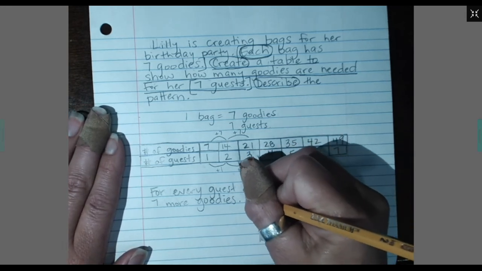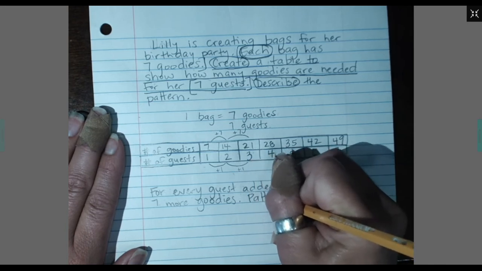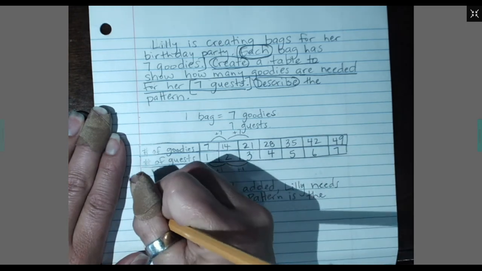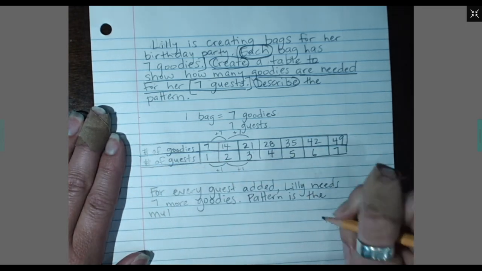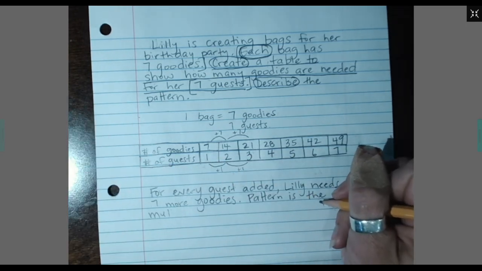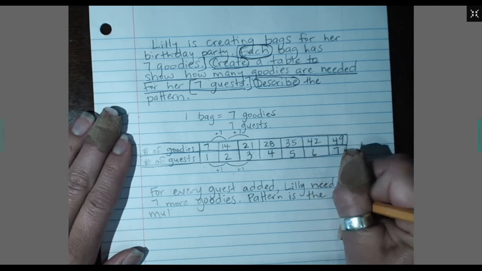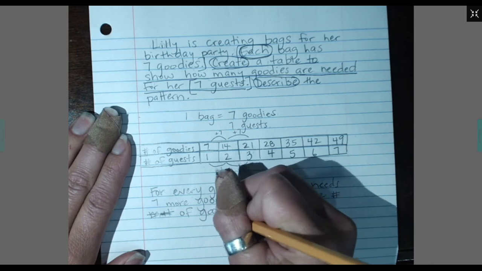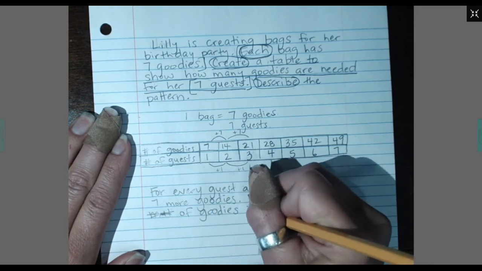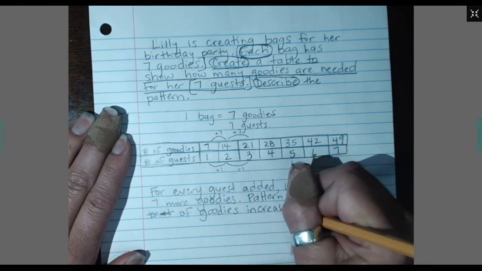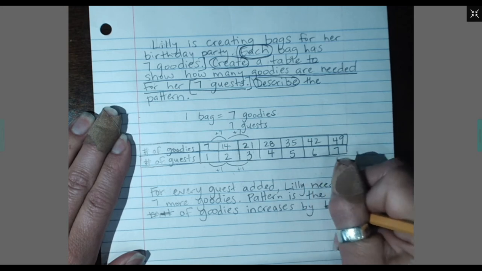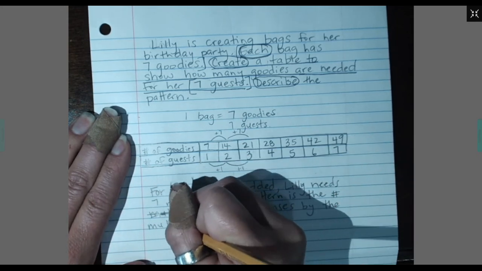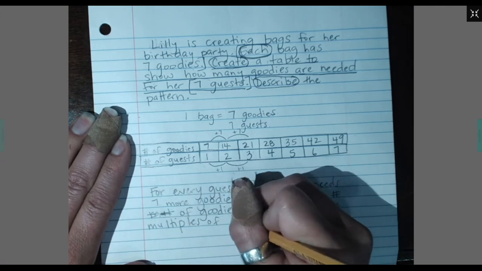So the pattern is the multiples. Oh, it's what's increasing by the multiples of 7. So the pattern is the number of goodies increases by the multiples of 7.